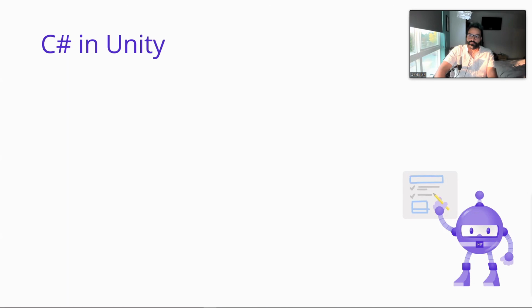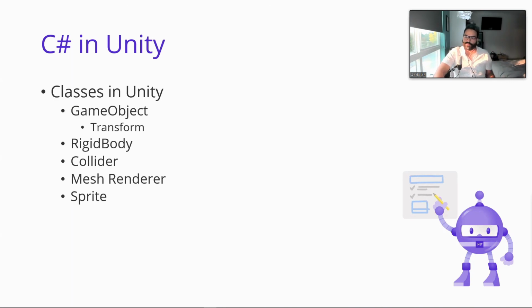And so how are the concepts that we just learned applicable to Unity? So classes in Unity are pretty much like all the things like game objects, rigid body, collider, mesh collider, sprite. All of these different components are just classes.